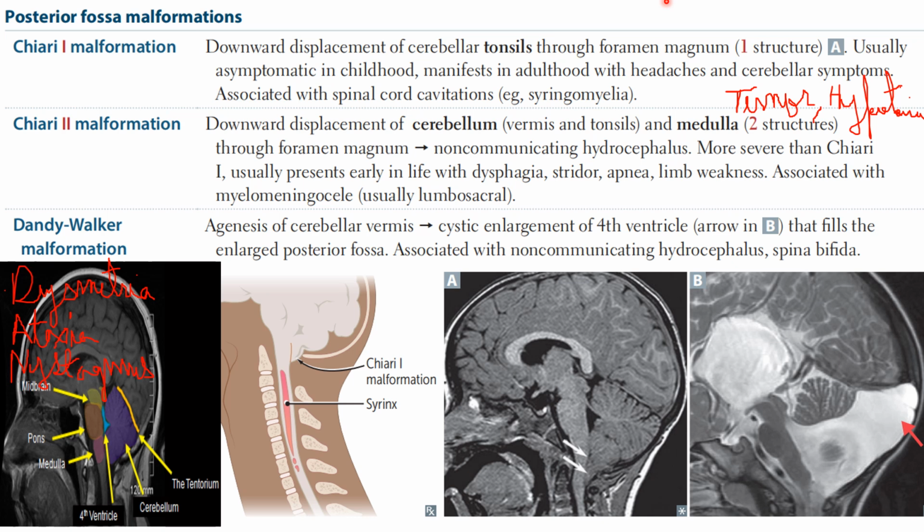Then intention tremors are going to happen whenever the patient has an intention of doing something. The body or body parts will shake. Hypotonia, not hypoxia, is what we are going to see in cerebellar symptoms, where there is decreased muscle tone in the patients.